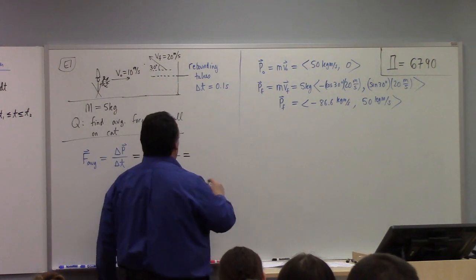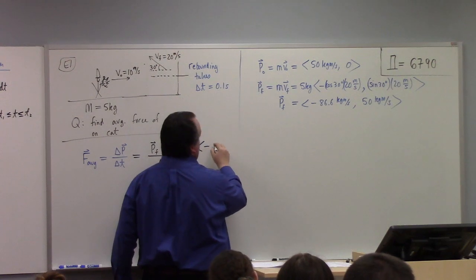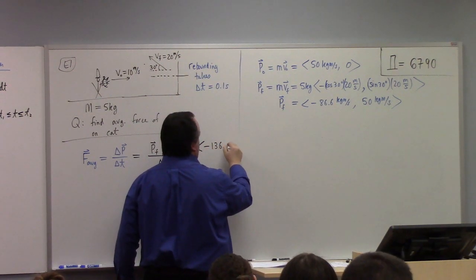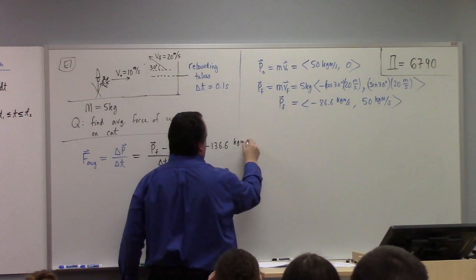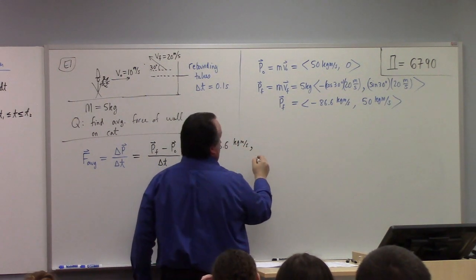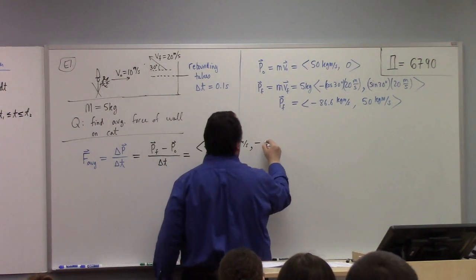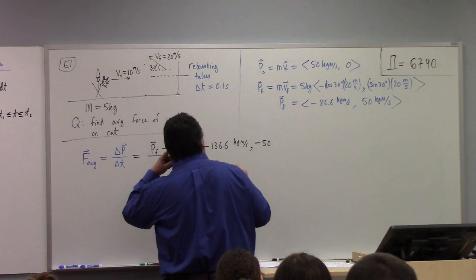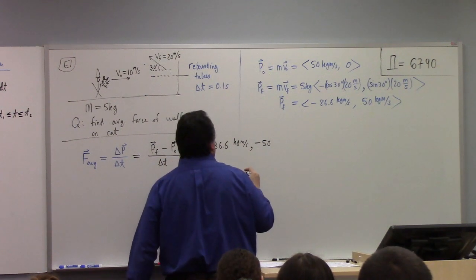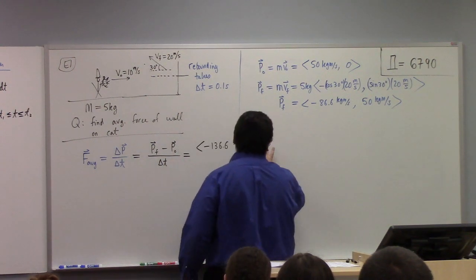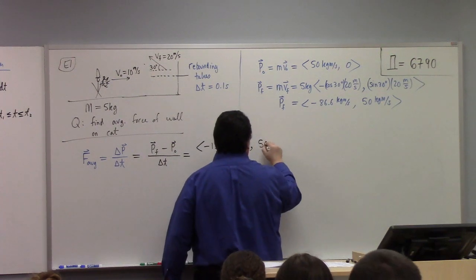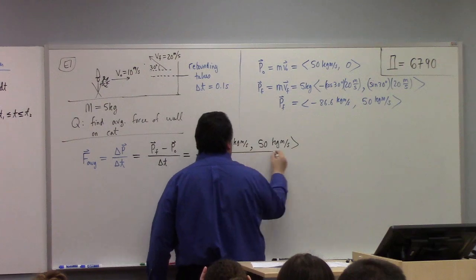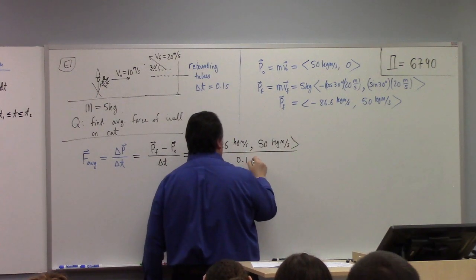We get minus 136.6 kilogram meters per second, and then minus 50. Is that right? Oh, 50 kilogram meters per second, all divided by 0.1 seconds.